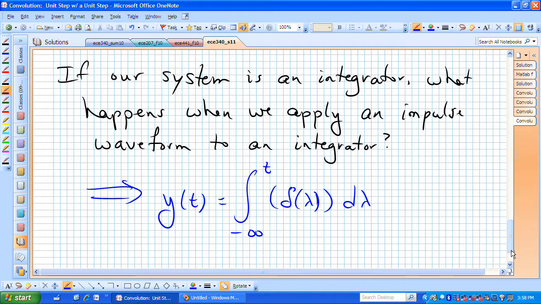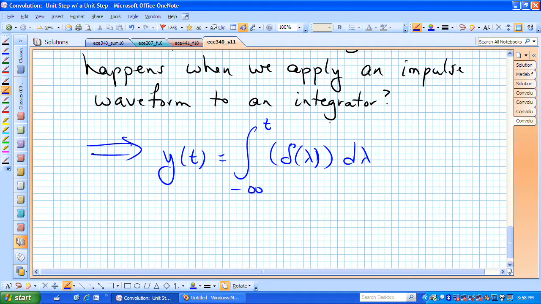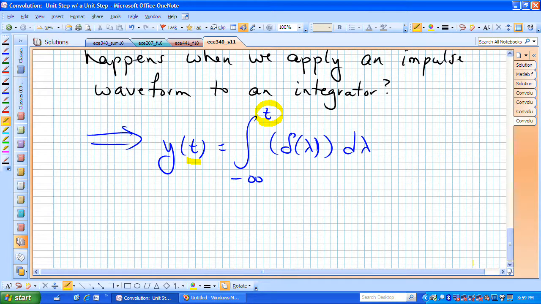I hope you can see that the output, y of t, is going to depend on at what time we are interested in evaluating that integral. So let's look at the upper limit of this integral to try to interpret what y of t is going to do.